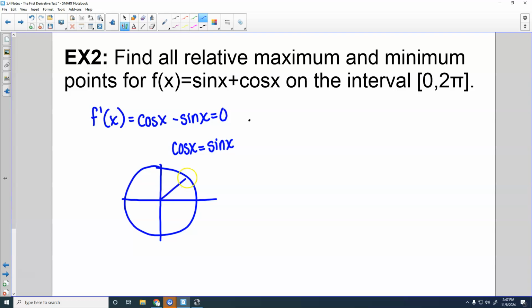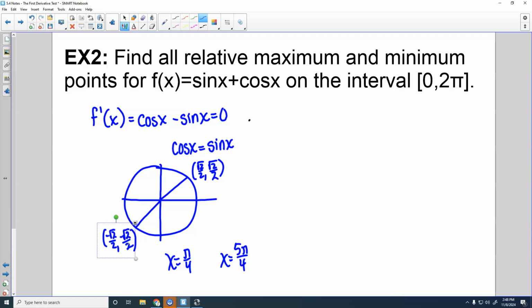Pi over 4, because right here at pi over 4, you've got square root of 2 over 2 and square root of 2 over 2. So x equals pi over 4 is one of your critical points. Where else? It is also over here at x equals 5 pi over 4, because right here you've got negative square root of 2 over 2 and negative square root of 2 over 2.